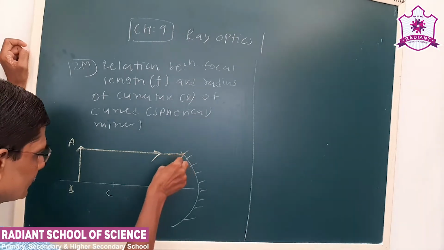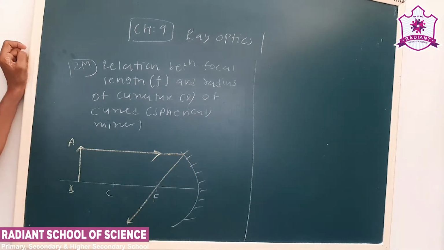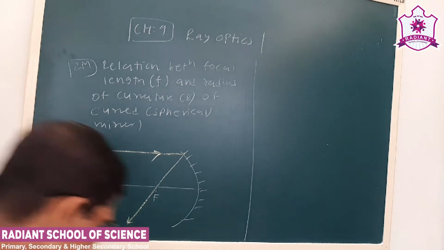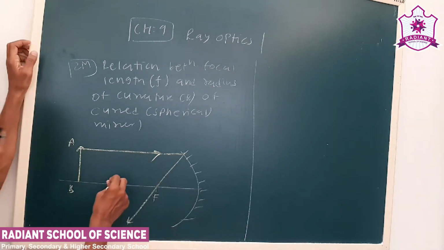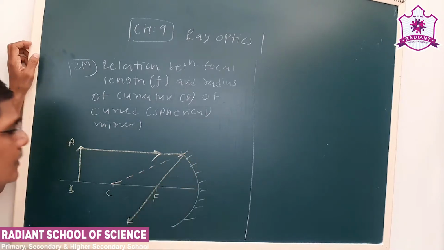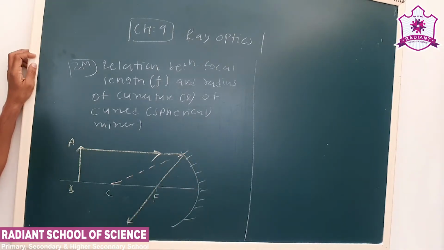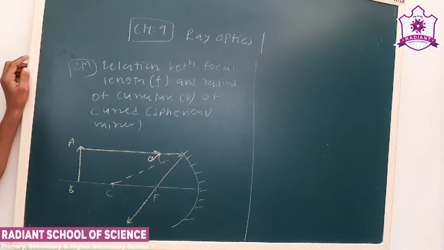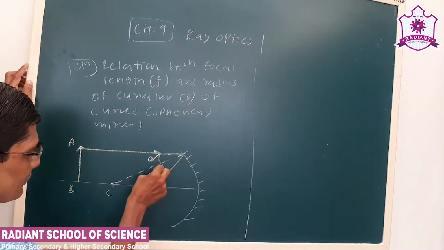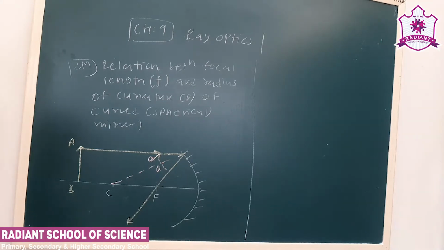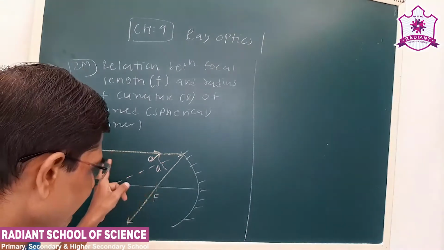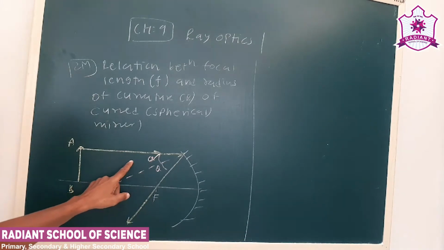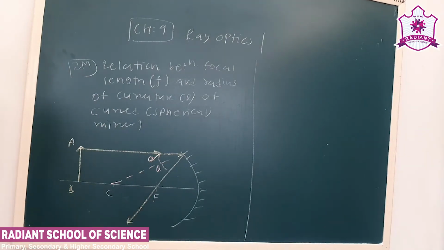After reflection, it will pass through F. Now this is a normal that we have assumed. A curved mirror we assume like this. Let us say this is the angle with the normal, the angle of incidence. And this is the angle of reflection. Why? Because as a rule of reflection, the angle of incidence and the angle of reflection are the same.